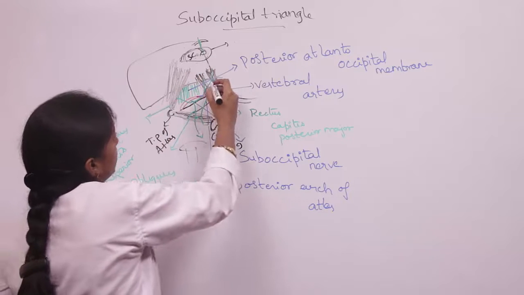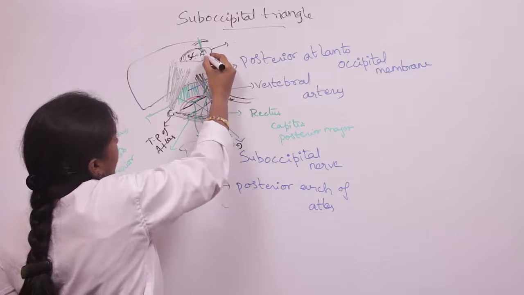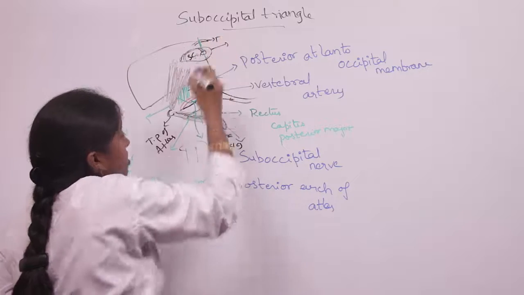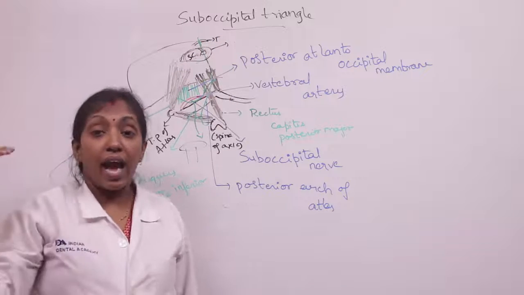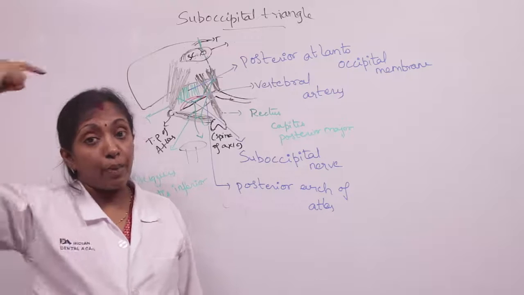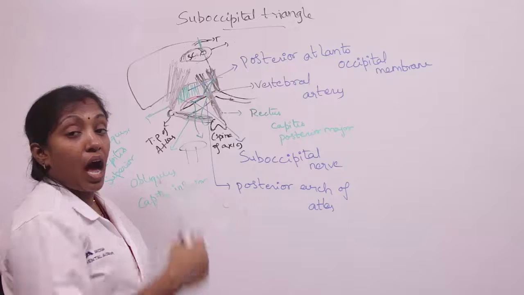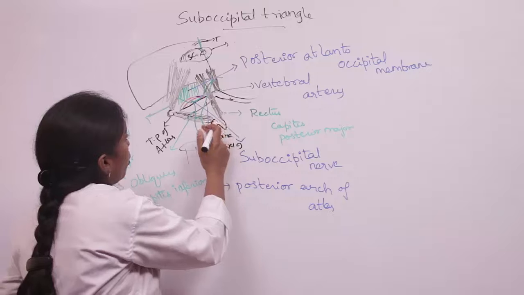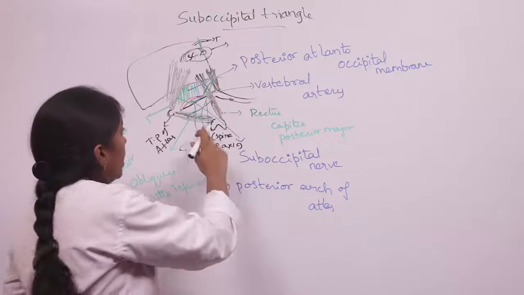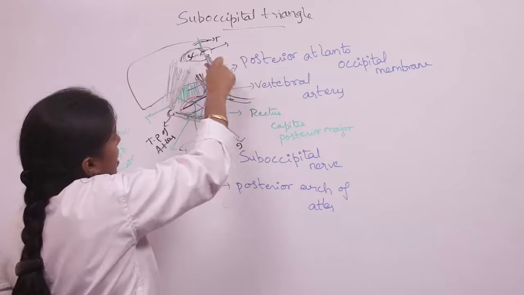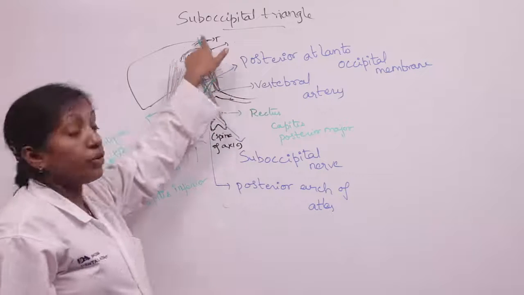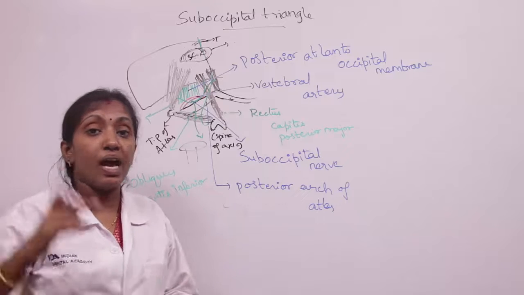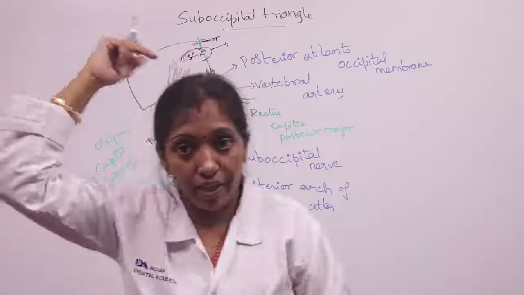It passes upwards, and it pierces the semispinalis capitis, and also pierces the trapezius muscle, and becomes cutaneous, and it supplies the posterior part of the scalp up to the vertex. Vertex means here is the vertex.